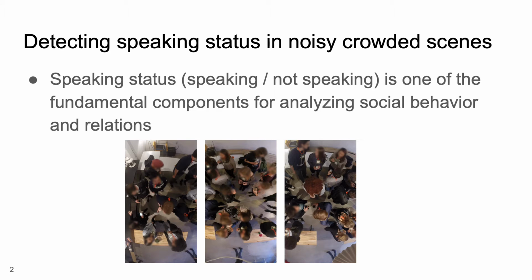You want to know when each person in a scene is speaking, and the automatic assessment of this variable is of course very important, because then turn taking can be related to many other social constructs like rapport and affiliation. It has been used in papers that look at, for example, predicting the future of an interaction.